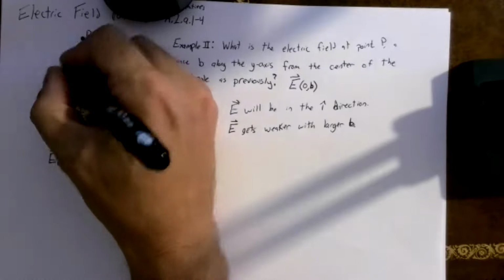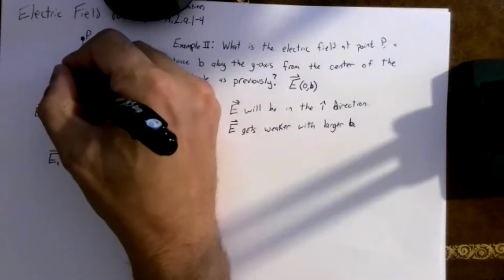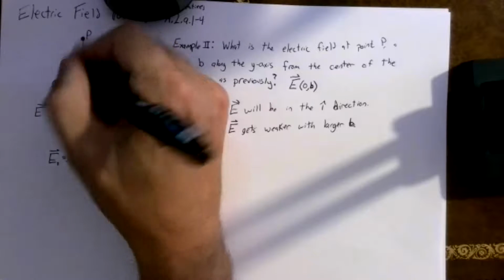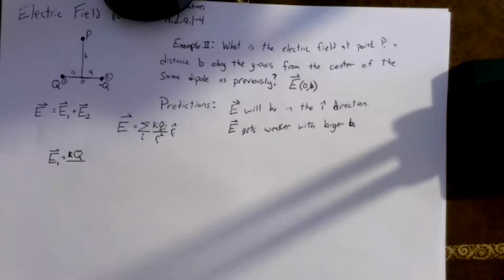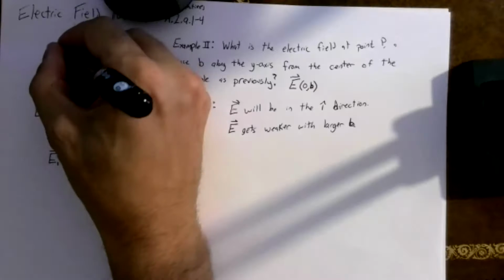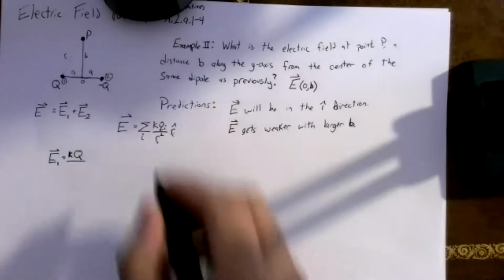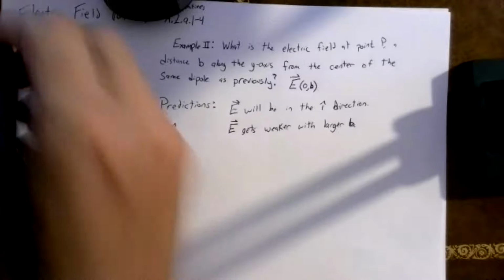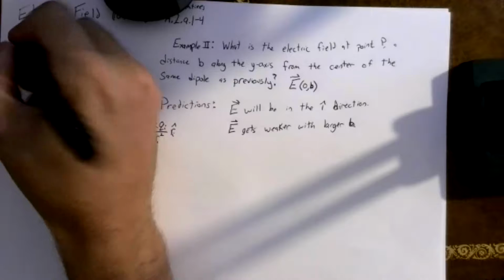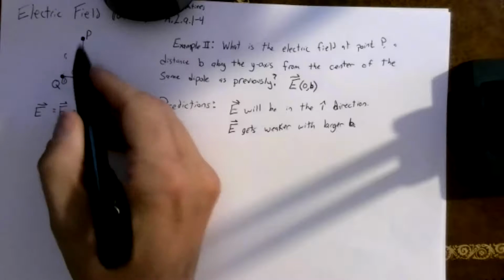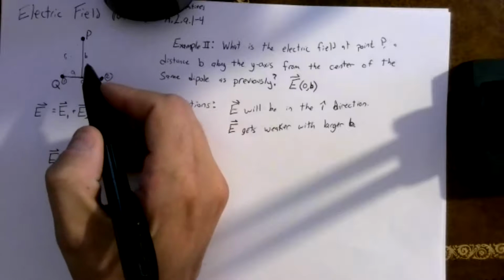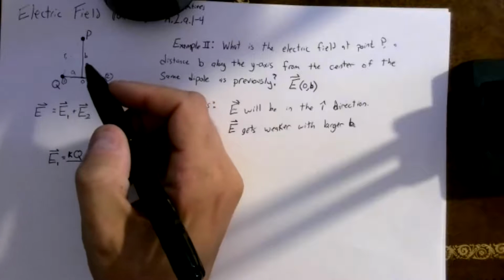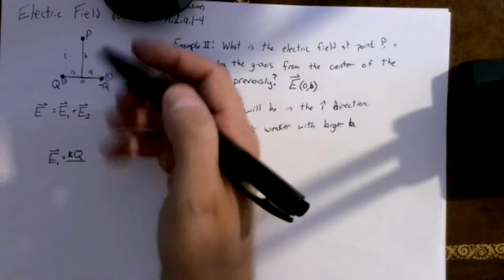So r in this case is the distance from Q to point P. Is it the square root of A minus B or B minus A, something like that? Almost. Square root of A plus B. Oh, A squared plus B squared. Yeah, there you go.